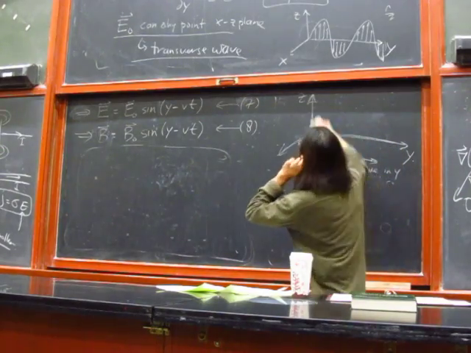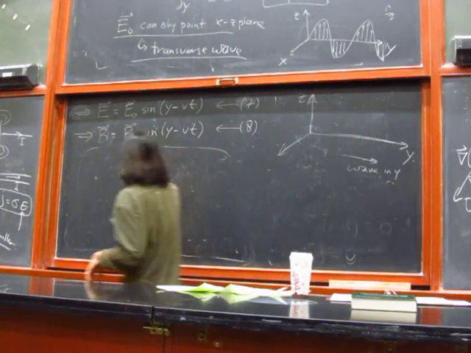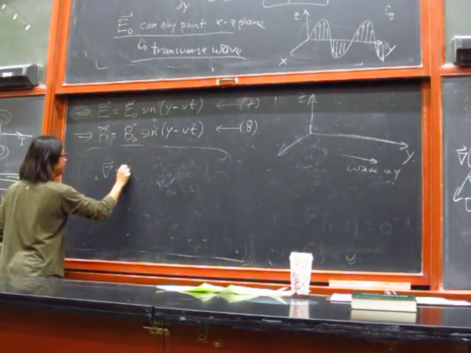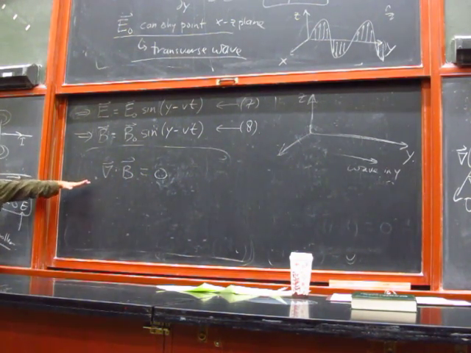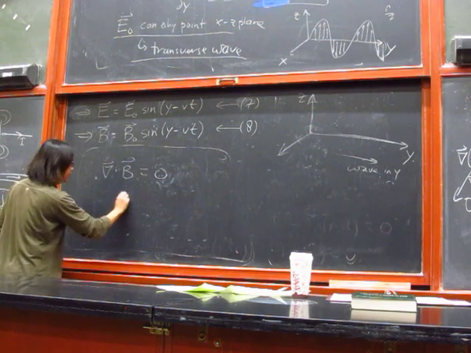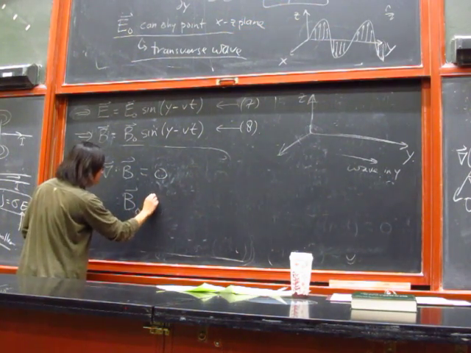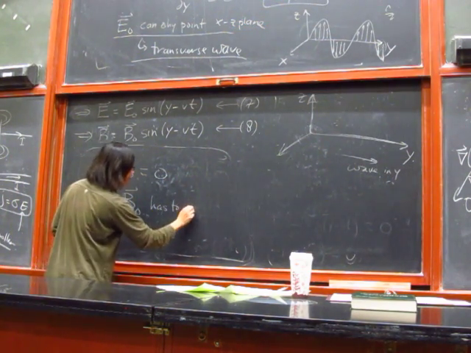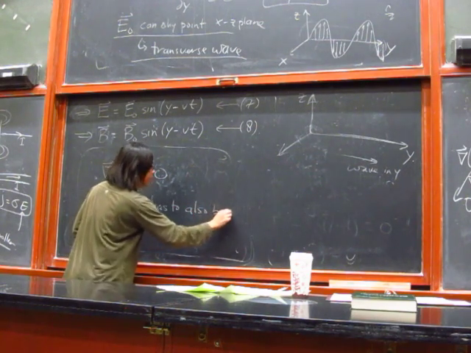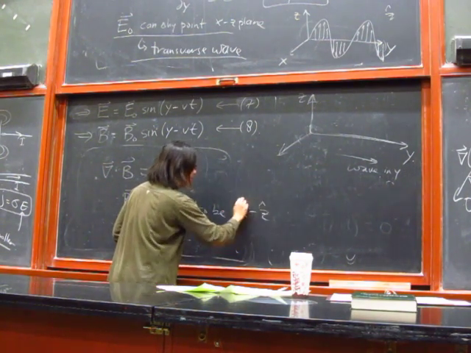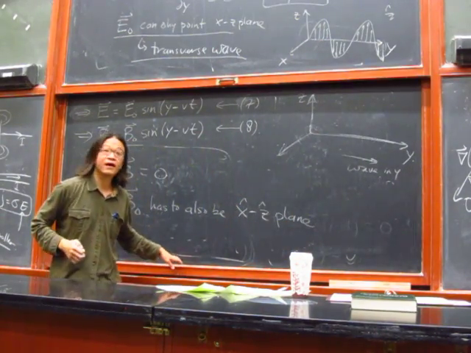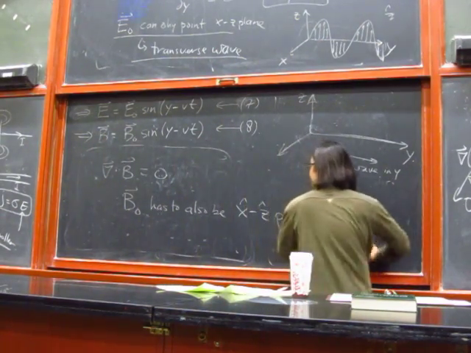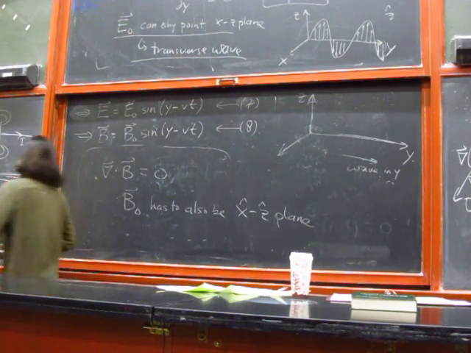So E is along the z direction, so same thing. I look at the divergence of E, that has to be equal to 0. Same argument, to make a long story short, B naught also has to be in the x direction. But we don't know yet.